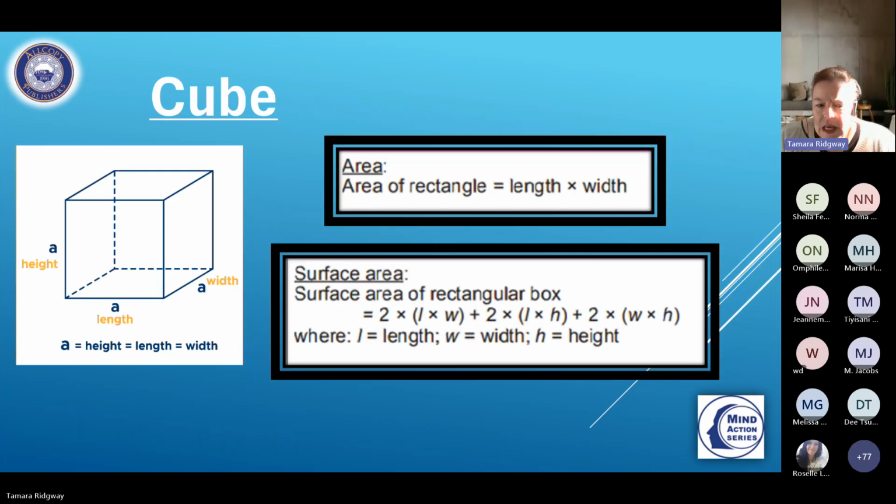The two formulae in black in the frame, those are from the CAPS. So those are the formulae that are given.